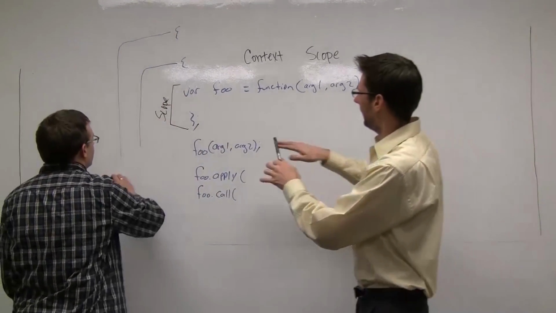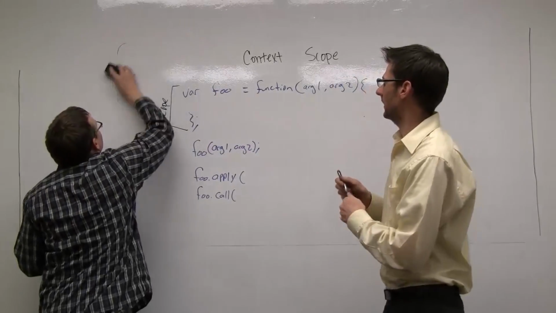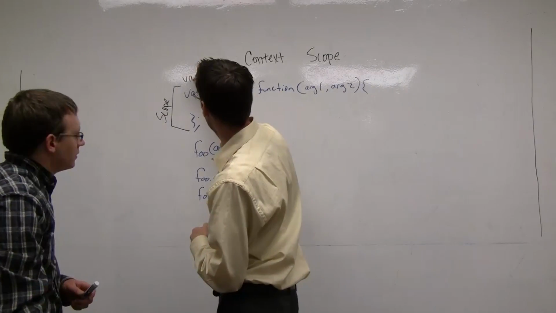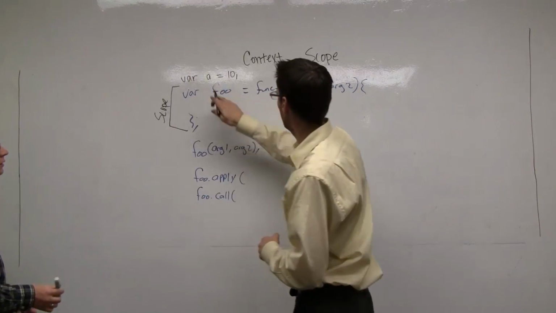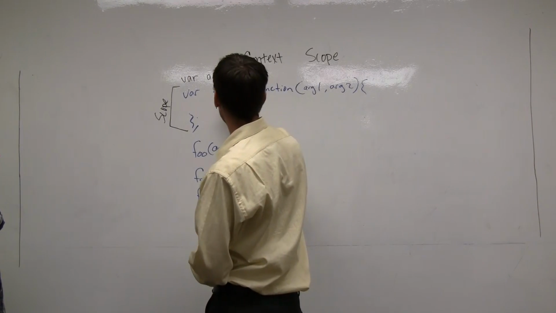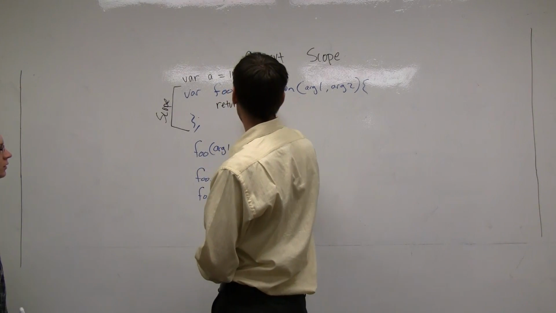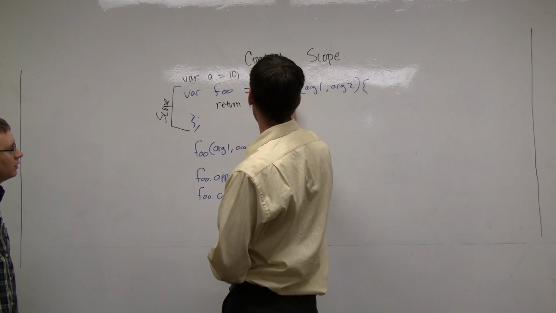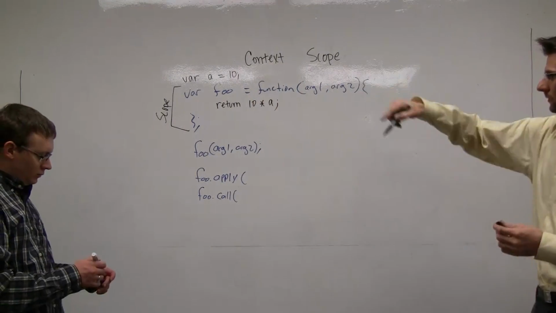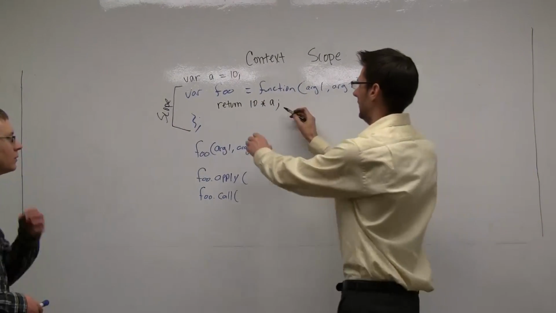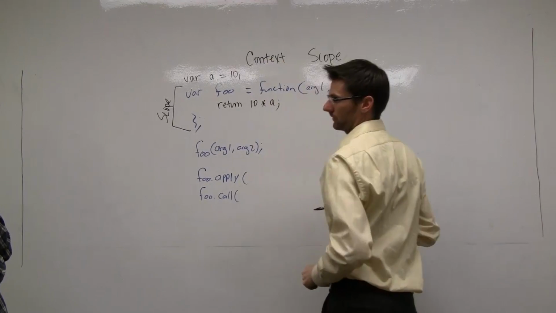So now that we know what scope is, here's a good example. For example, if we had a variable var a equals 10, this function could say return 10 times a, and that would return 100. So it can use the outer scope variables.